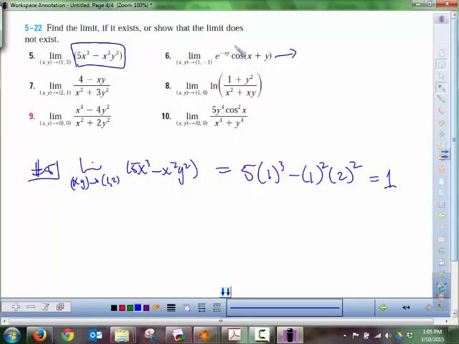What is this going to equal? e to the positive 1 times cosine of 0, which is 1. So this is just e, right? So there are no issues for those types of limits. In fact, the limit does exist and it is continuous. And so there are nice limits in continuous functions.